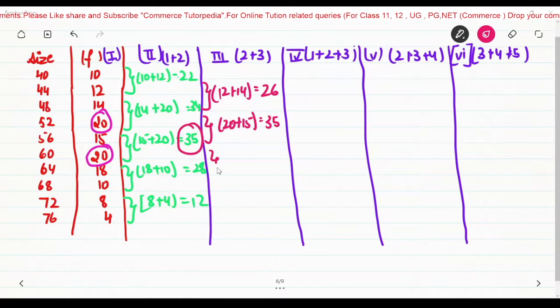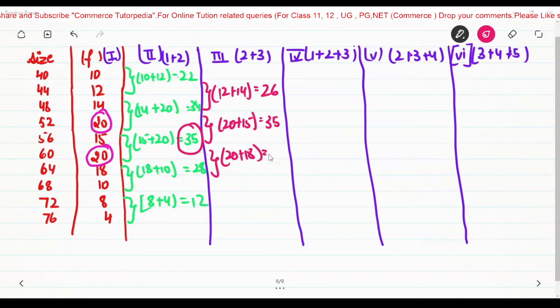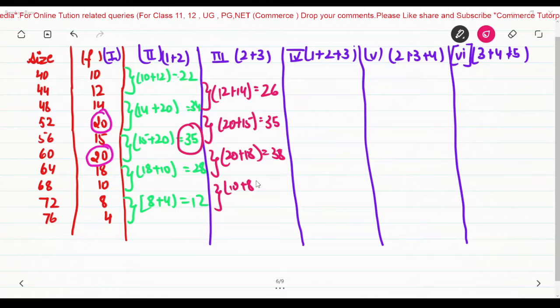Then 20 plus 18, that is 38. And the last one is 10 plus 8, that is 18. The last one is left out because we need pairs. This is the grouping method, so we need groups.